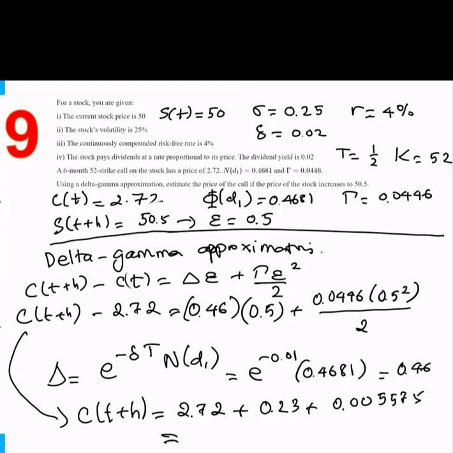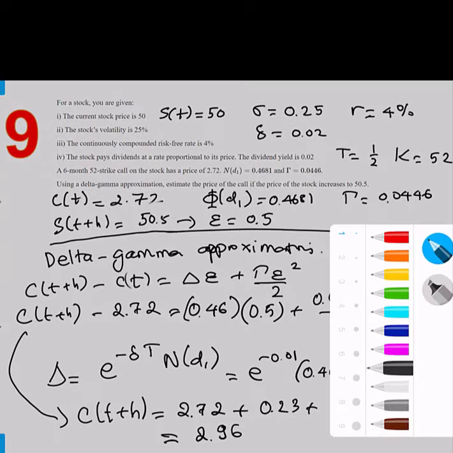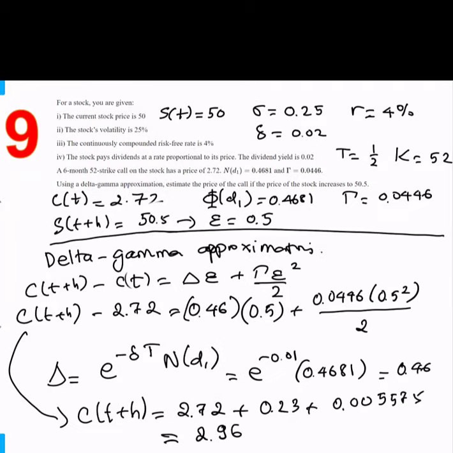So it should be equal to 2.955, so 2.96.